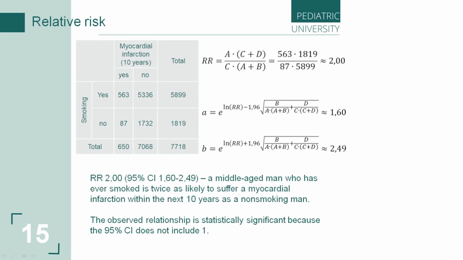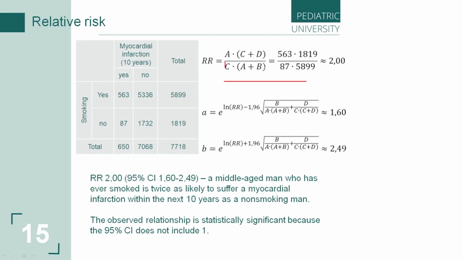So, smoking, yes, no, and myocardial infarction within 10 years, yes or no. Okay, the samples are presented on the slide. We calculate a relative risk. We have large numbers, you can see. So, how can we calculate relative risk according to this formula: multiply A by C plus D and divide by the result of C multiplied by A plus B.